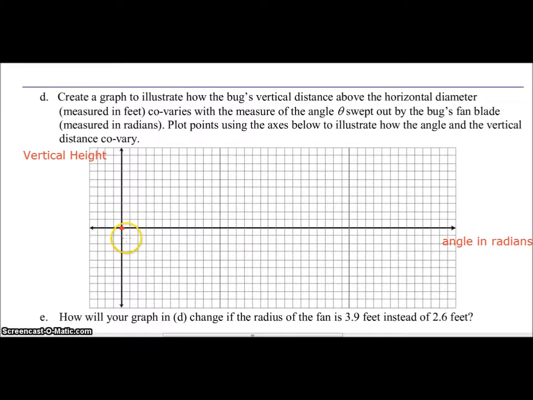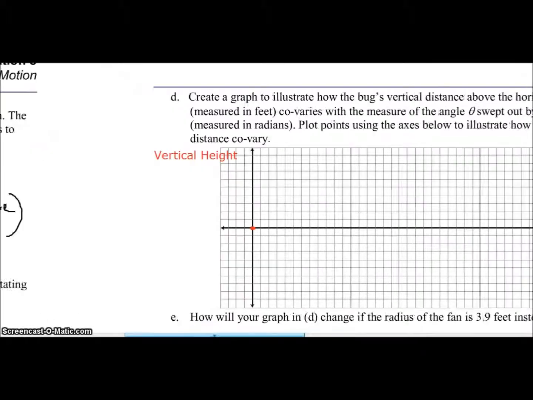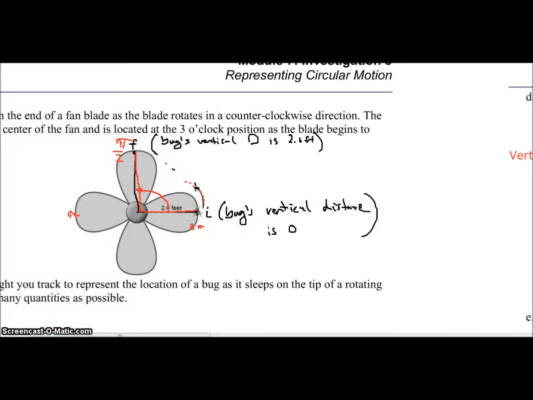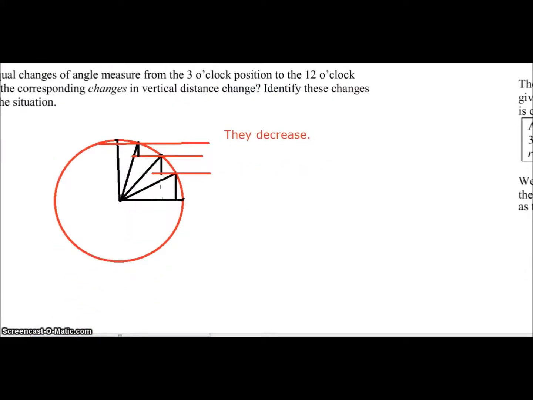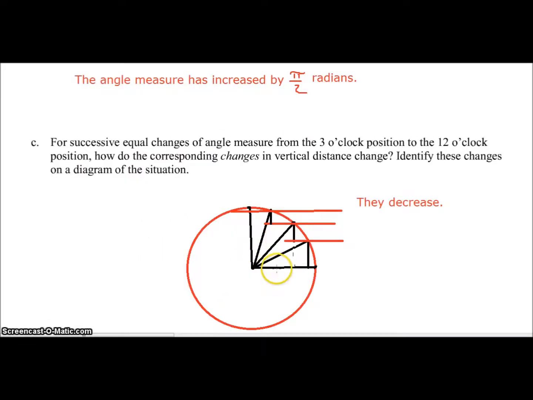And then let's go back and look at this circle for a second. Notice that we took the whole circle and divided it into a fourth to start out with as we go to 12 o'clock. Then we took that fourth and divided it into fourths. 1, 2, 3, 4 pieces here.